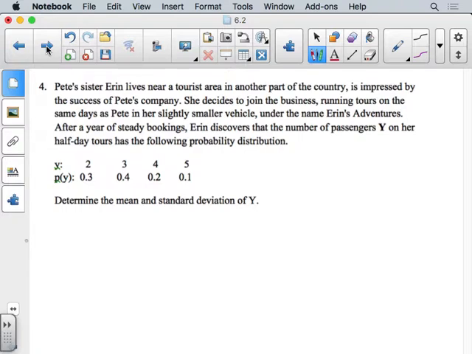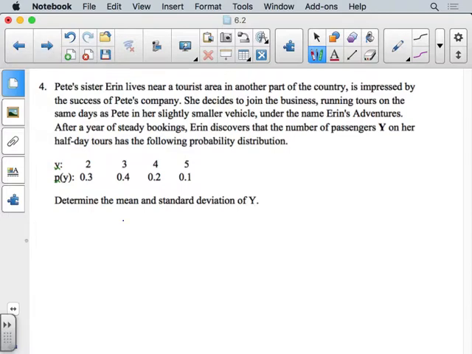Pete's sister Erin lives in a different tourist area. She wants to do what Pete does. So she does her own business with a smaller vehicle. And so here's her values. She can have 2, 3, 4, 5 passengers, and here's her probabilities of each of those passengers.